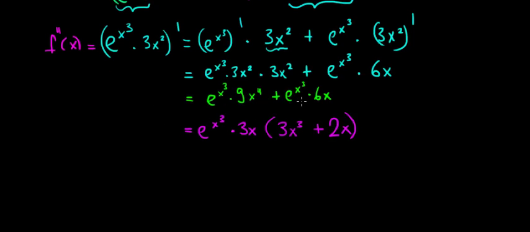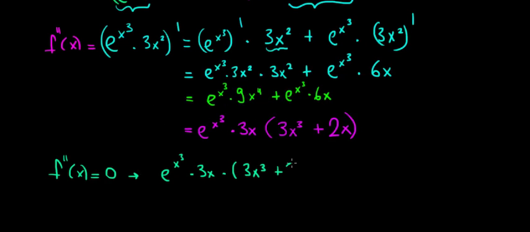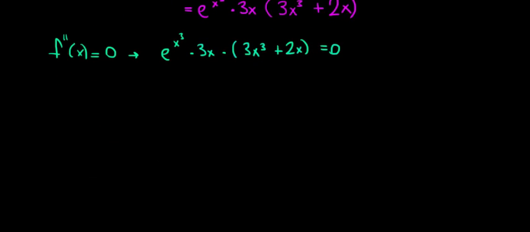Now we must find out where the second order derivative is equal to 0, so let's do it. Second order derivative equals 0, meaning that e to the x cubed times 3x times 3x cubed plus 2x equals 0. Now let's have a look here. e to any power is going to be a positive value because e is a number, that's 2.71, and a lot of digits after that.